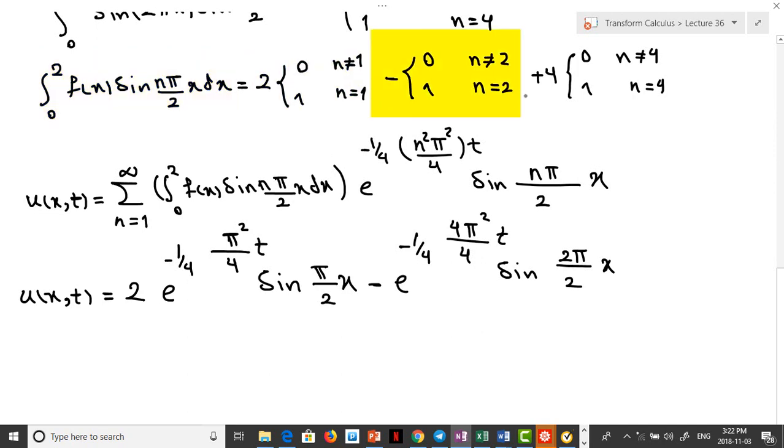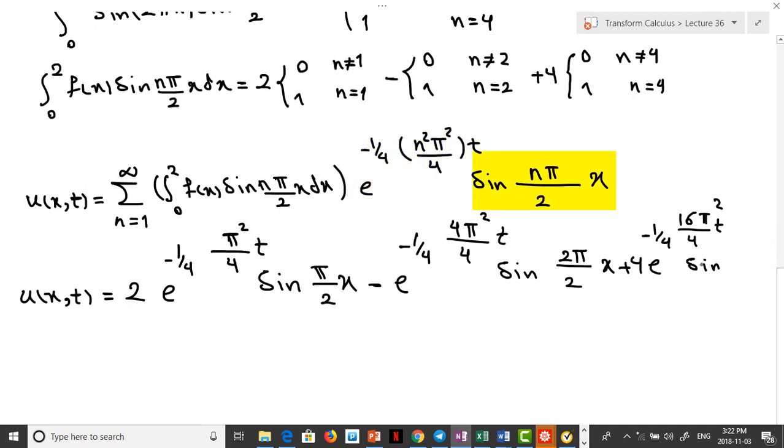This part is equal to 0 here. n is equal to 4, so we have 1 times 4, so it's going to be plus 4 e to the power of minus 1/4 n squared, so it's going to be 16, 4 squared, times π squared divided by 4 times t, sin(nπ/2 x), so n is 4, so it's 4 times π divided by 2 times x.